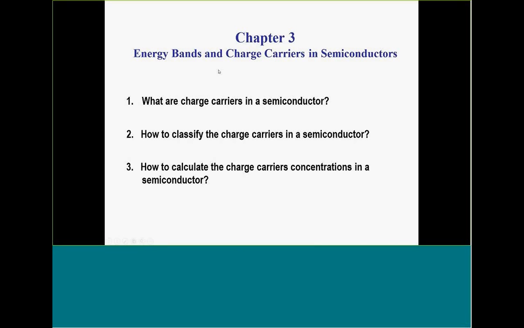So we start off with what kind of charge carriers and how we are going to classify them. But why is it important to classify these charge carriers? You didn't learn it just to memorize it, but you need to understand why the classification is important, which we are going to discuss shortly. And lastly, of course, to calculate the charge carriers. As usual in physics, it's of no use if we just know the conceptual part of it, but don't know how to use it.